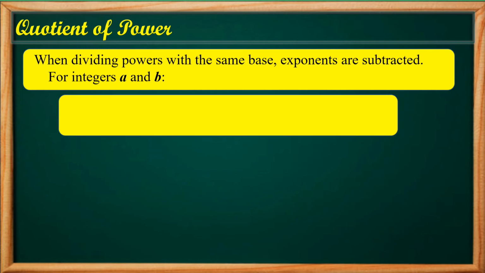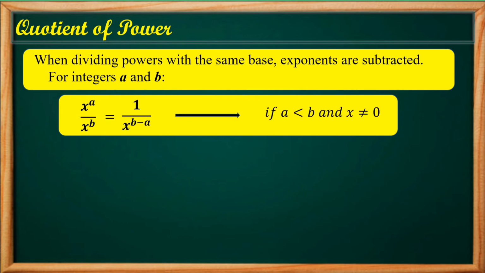Second condition, if a is less than b. This is what will happen. Example, x cubed over x raised to the power of 5. Let us apply the first one first. x, then 3 minus 5.